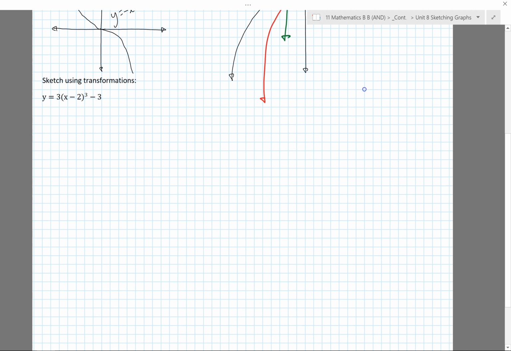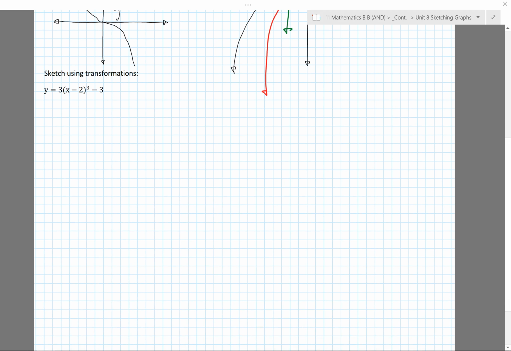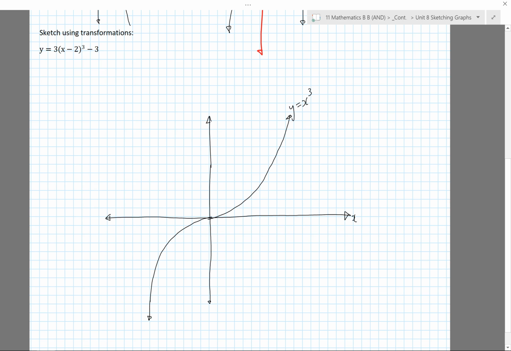Okay, so we can use this idea to sketch using transformations. So from my y equals x cubed graph, I see here a equals 3. Should be getting used to this now. Vertical dilation, okay, which means I'm going to stretch this guy out, because it's a stretch one, since a is greater than 1.